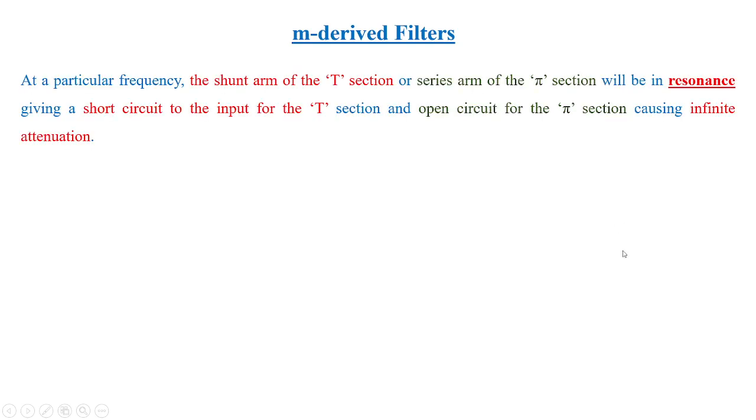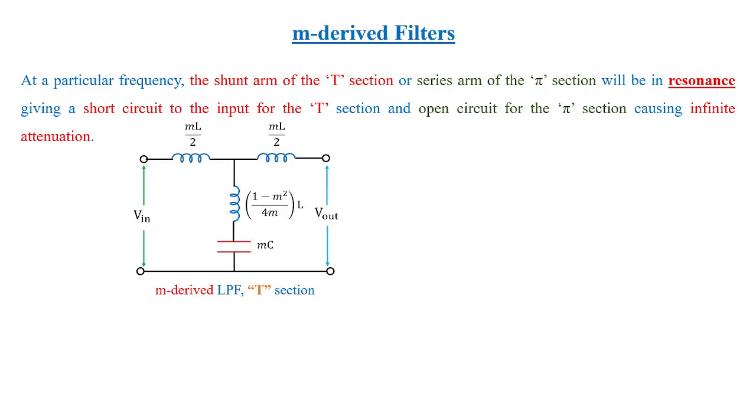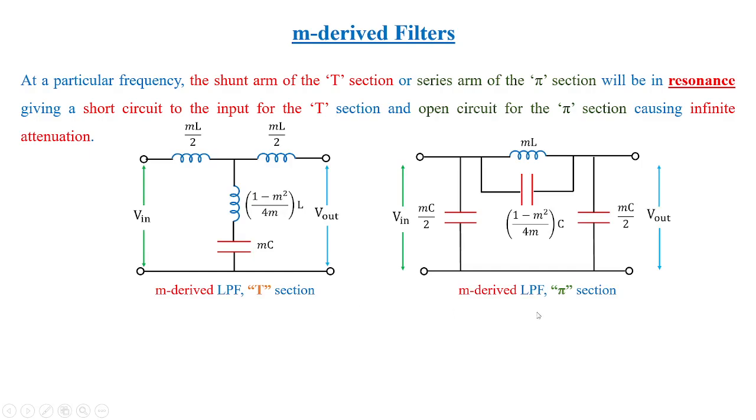What we have to know is that at a particular frequency, the shunt arm of the T section or series arm of the pi section will be in resonance, giving short circuit to the input for T section and open circuit for the pi section, causing infinite attenuation. And that is what we have already found out. So you can see here the T section and the pi section of m-derived low pass filter, the basic diagram.